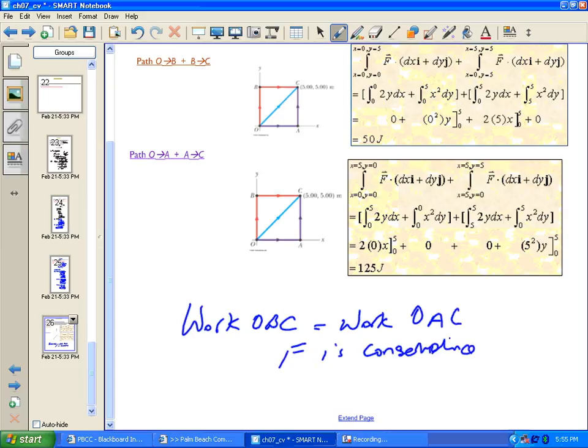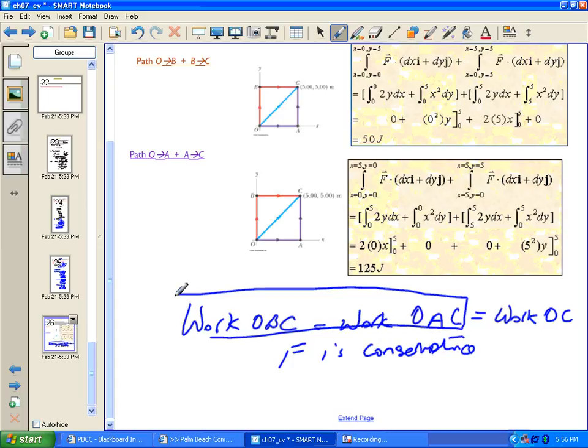In fact, a further check would be to check whether this equals the work that is done as the particle goes from O to C directly. That would be 3 checks, but for any 2 given paths, if the number is equal, then we know the force must be conservative.